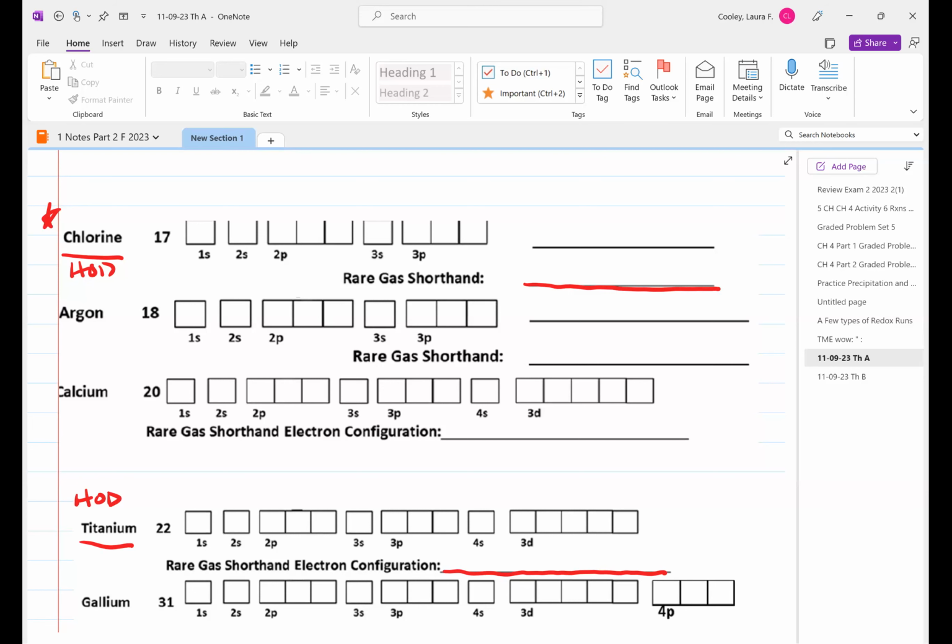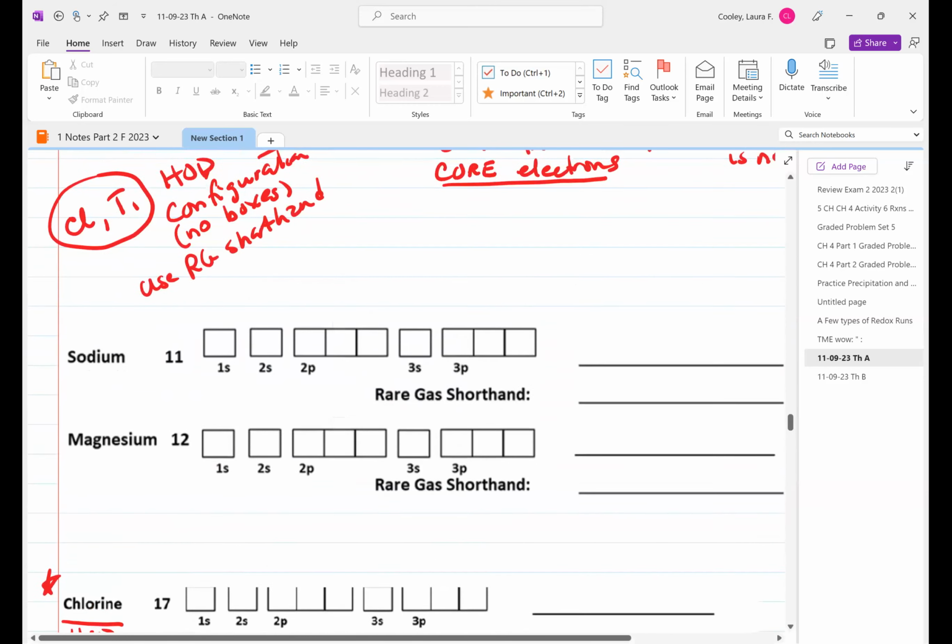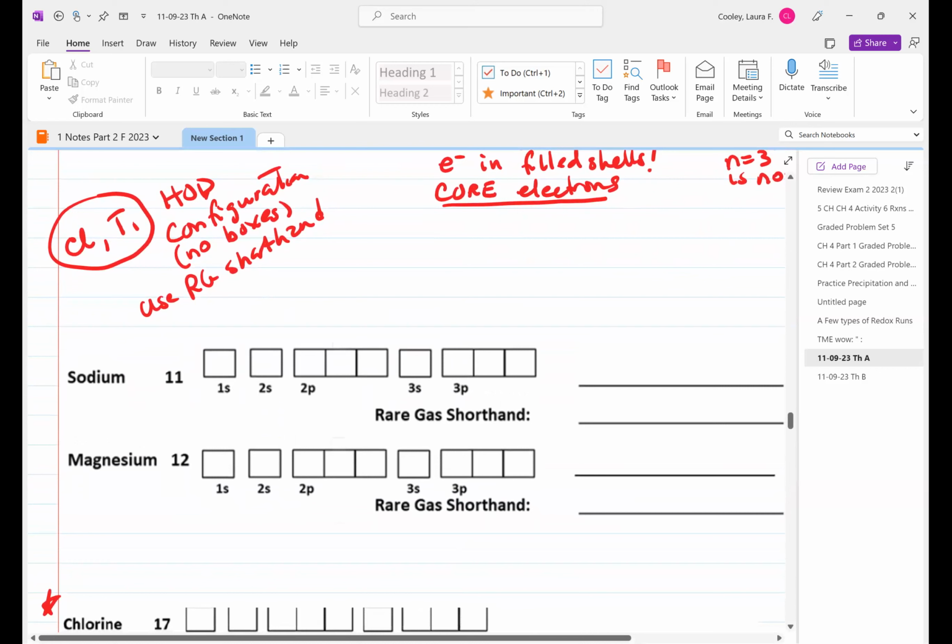Okay. So let's do these. Sodium, 11. 1, 2, 3, 4, 5, 6, 7, 8, 9, 10, 11.